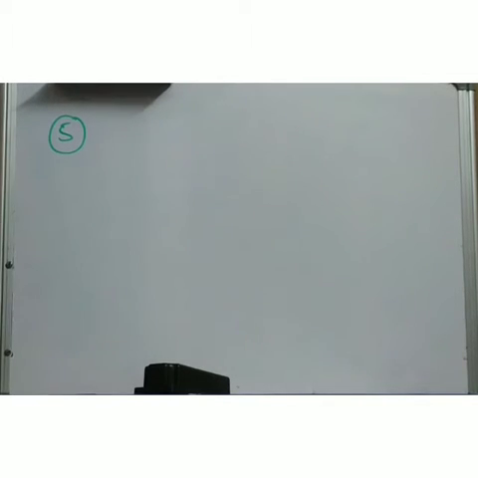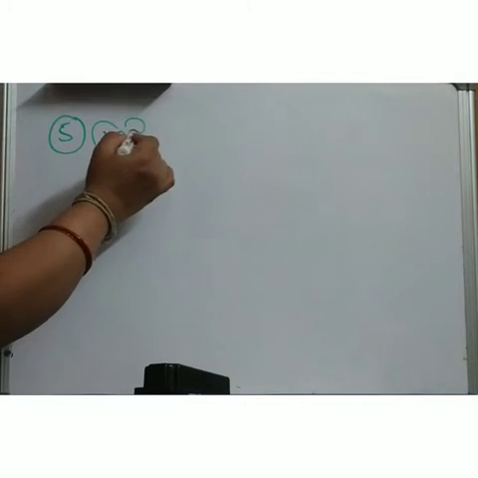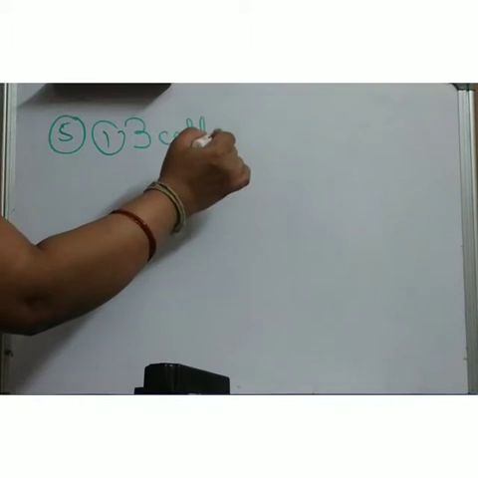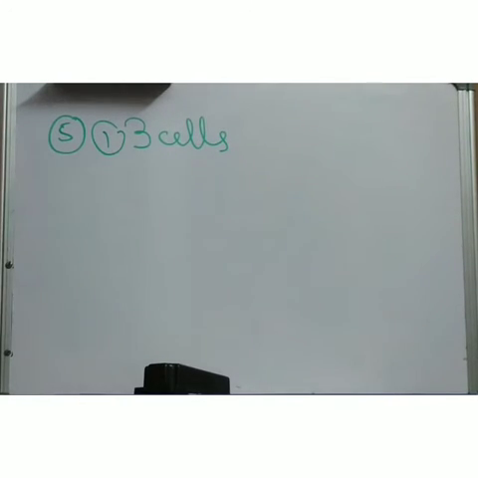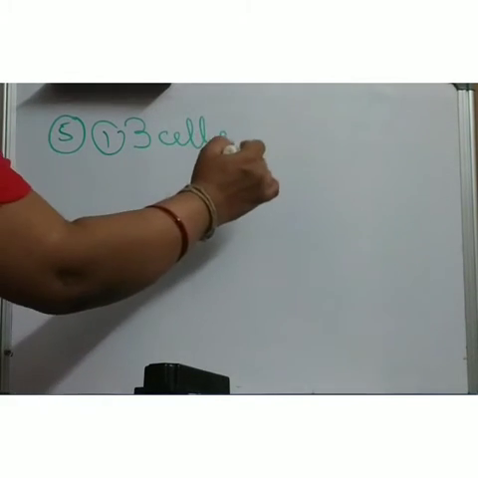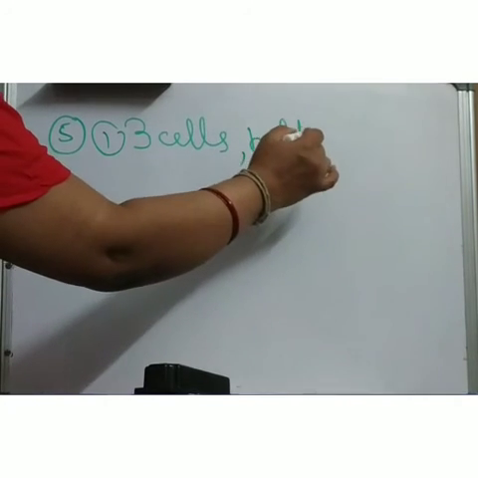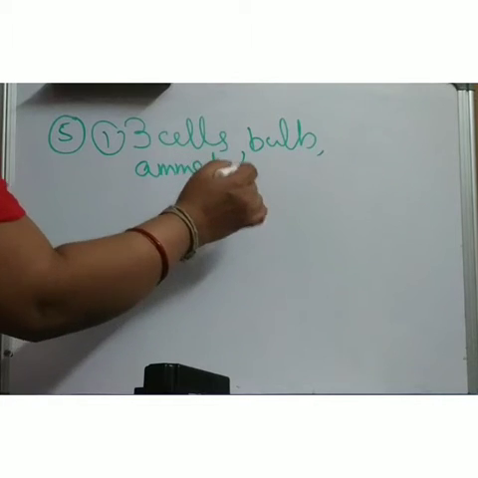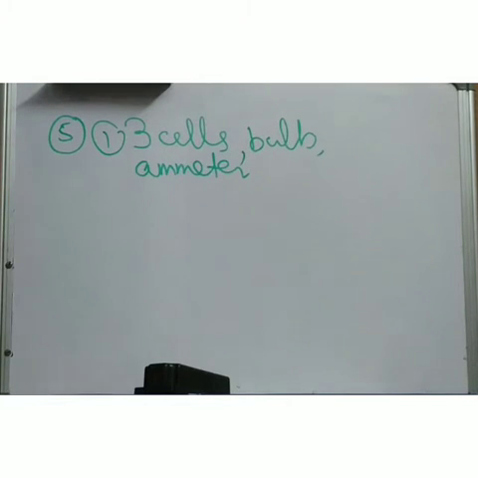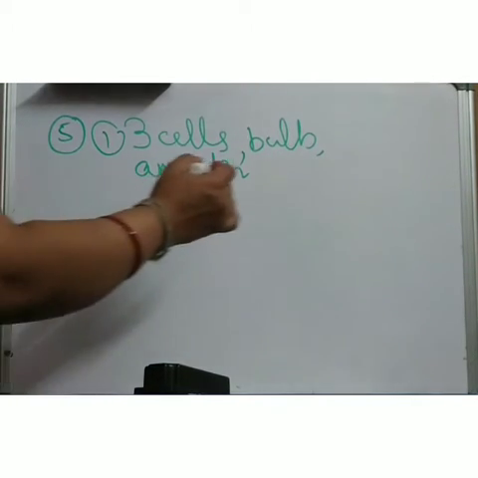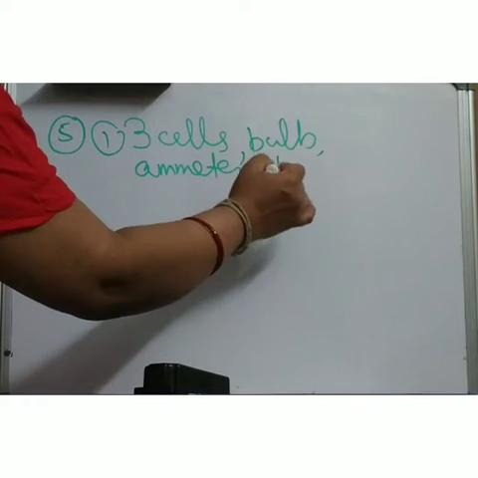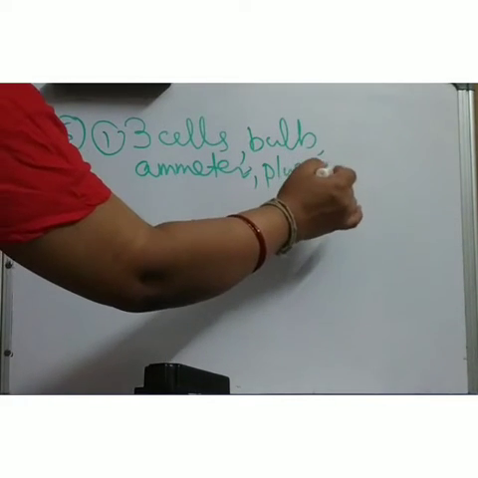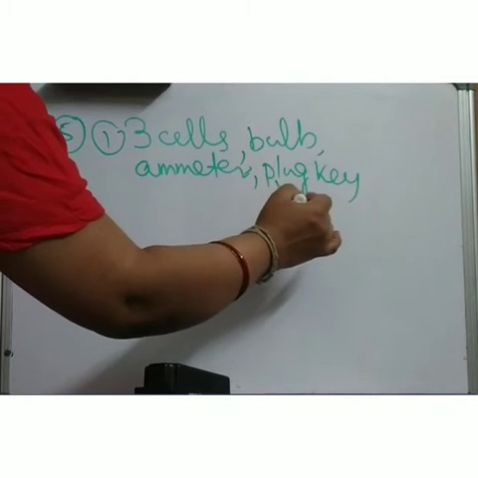What is question number 5? You have to draw the diagram of an electric circuit. In the first case, 3 cells are there and a bulb is there, then an ammeter and a plug key which is in on mode.